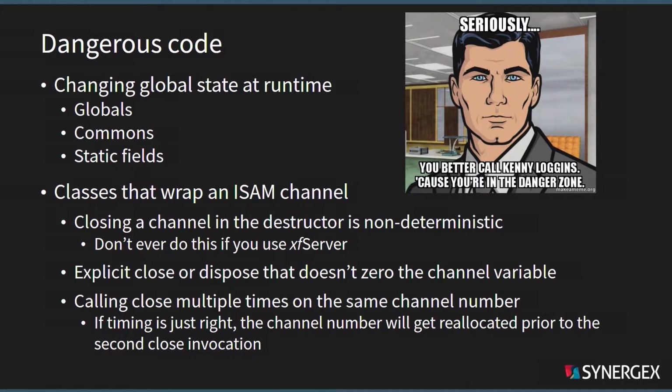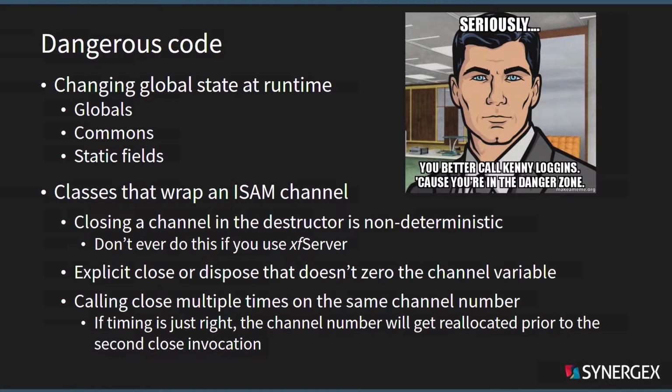Explicit close or dispose that doesn't zero the channel variable. So if you've got that private member that's your channel number and you call close on it and you don't set it to 0, someone else could call close again. And someone might have allocated that channel in the time in between the first time you closed it and the second time you closed it. And now you're closing someone else's channel.